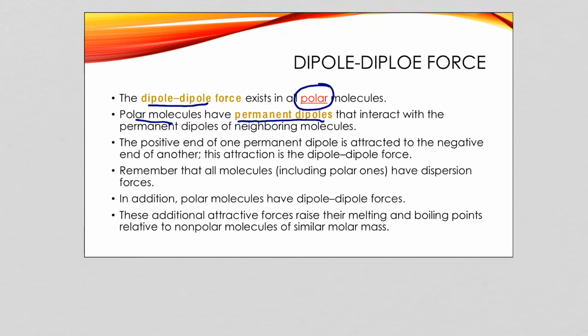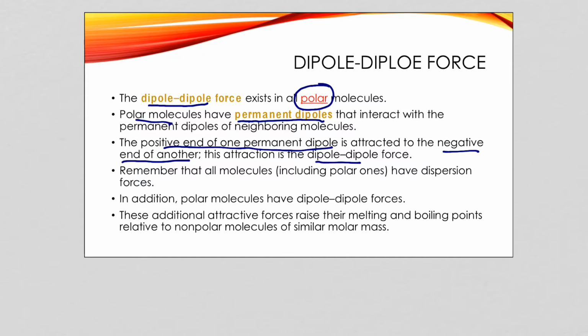They don't come and go as the electrons move around. They are permanent. And so what we see is the positive end of one permanent dipole in one molecule is attracted to the negative end of the permanent dipole in another molecule, and that creates what we know as the dipole-dipole force.